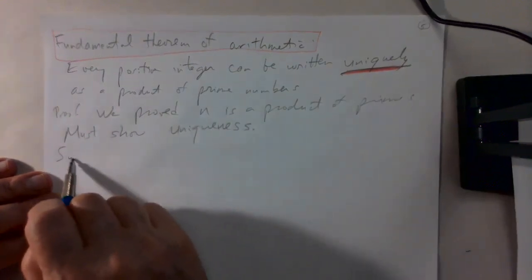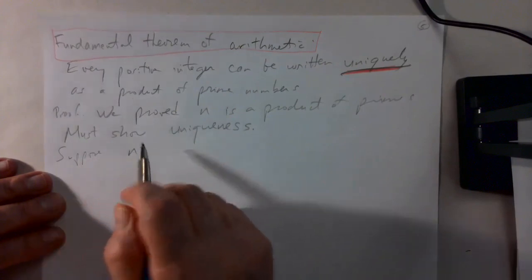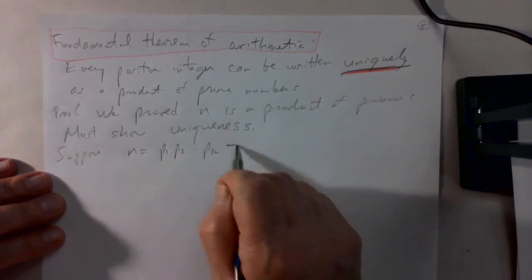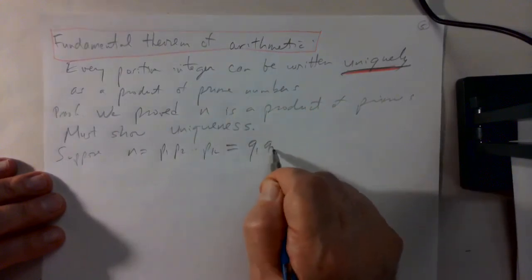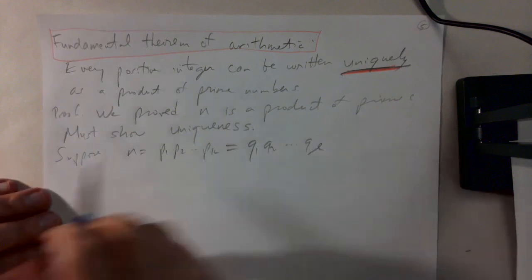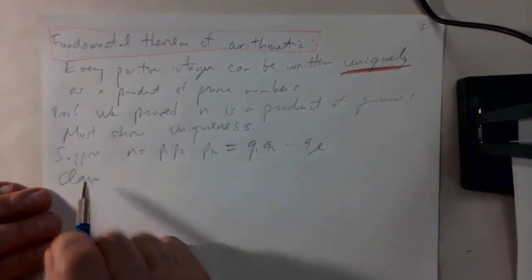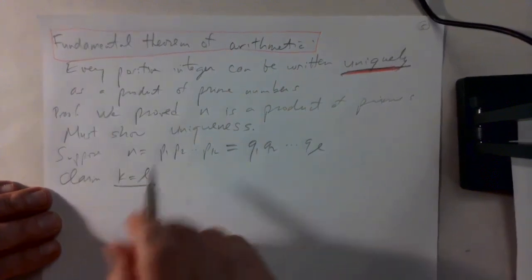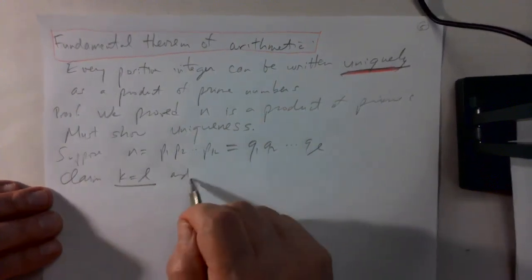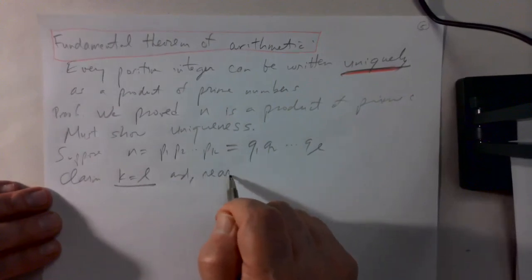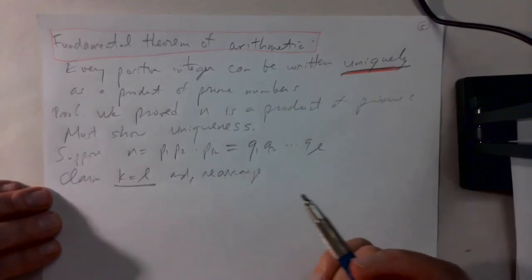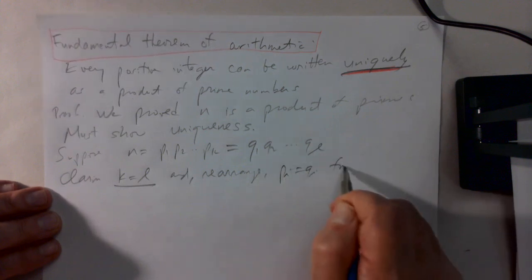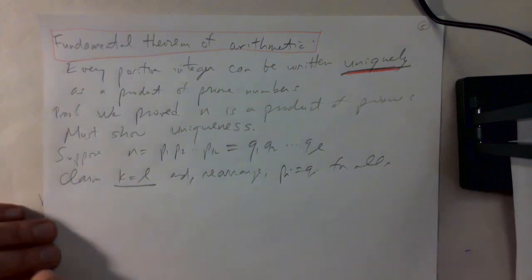So suppose n is a product of the primes, say, p1, p2 up to p sub k, and it's also a product of primes q1, q2 up to q sub l. So I claim, first of all, that the number of primes on both sides is the same, and after you rearrange the numbers, because 2 times 3 equals 3 times 2, pi equals qi for all i.